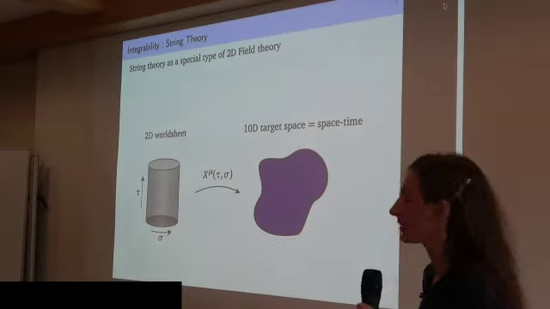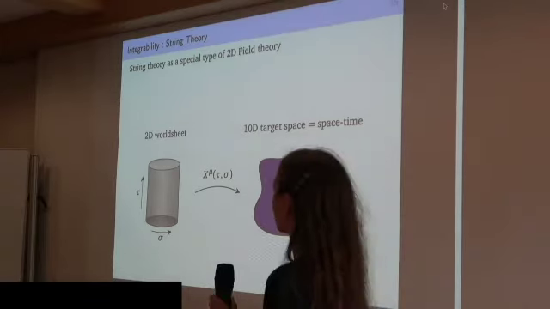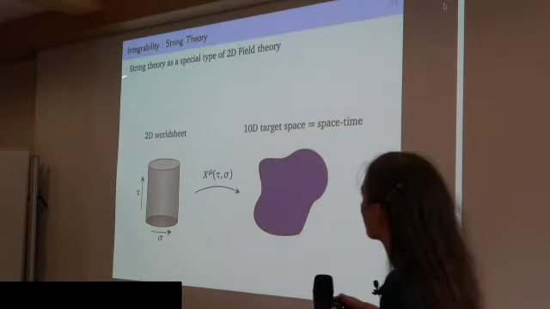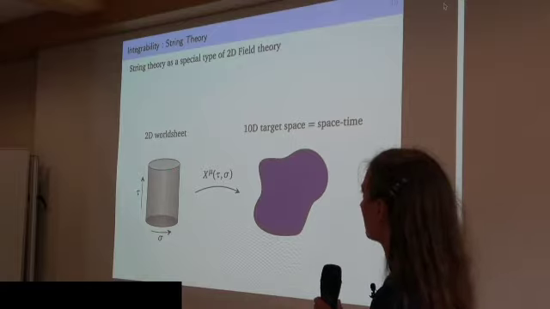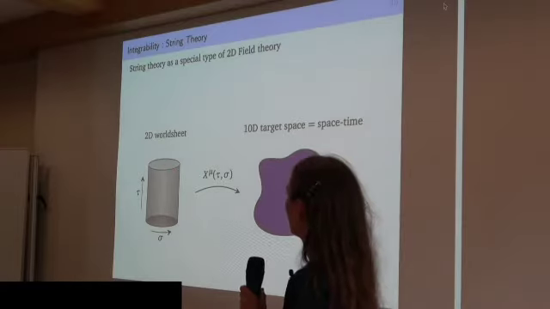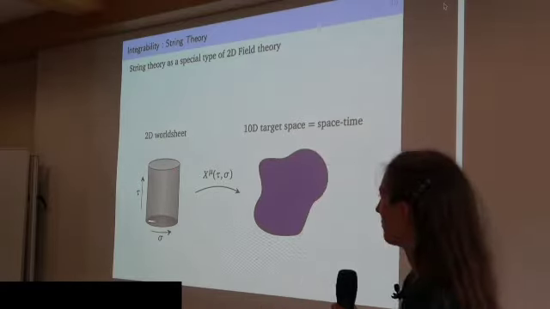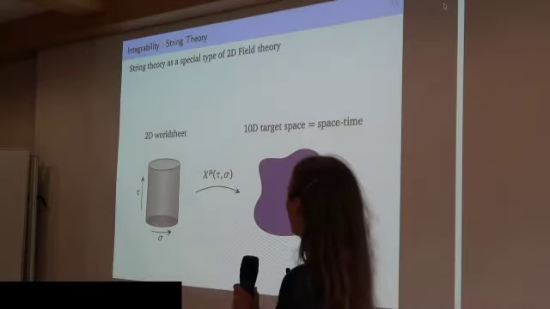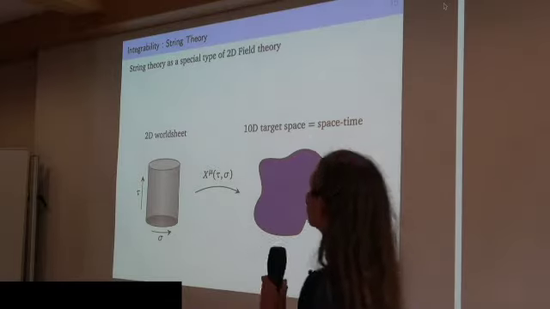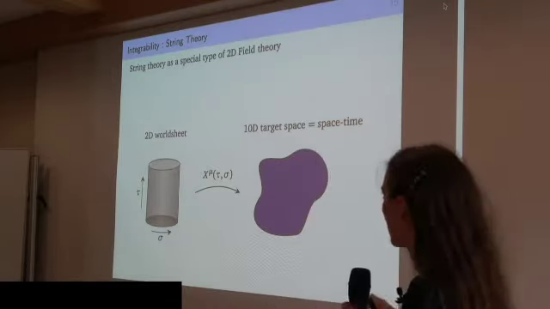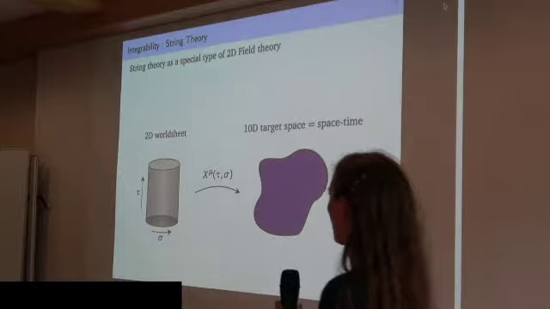And you can think of string theory as being a special type of two-dimensional field theory, so a two-dimensional sigma model, meaning that it is a theory for fields that are actually maps from the two-dimensional world sheet to the target space. And in superstring theories, this target space is actually 10-dimensional because of math.